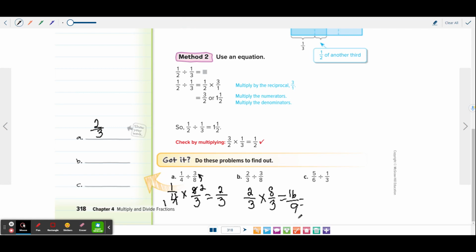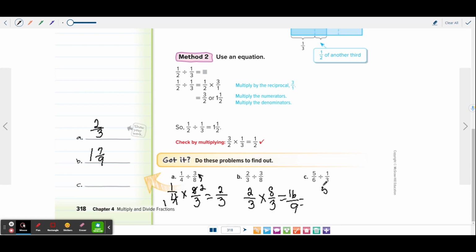And then that would be, let's see, 9 goes into 16 one time, which would be 9. And then we would have 7/9 left over, because that would be 9, and then 7 would be left. Okay, so 1 7/9 is what that would be for that answer for B.